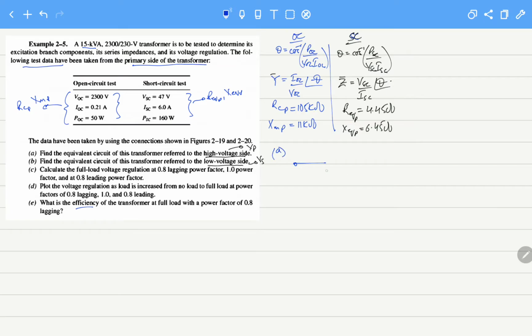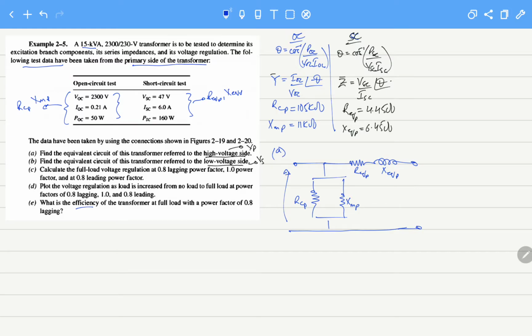This is part 1. And where we have these values: this is RCP, this is XMP, this is R equivalent P, this is X equivalent P. And this is referred to the primary, this is the high voltage side, primary side.